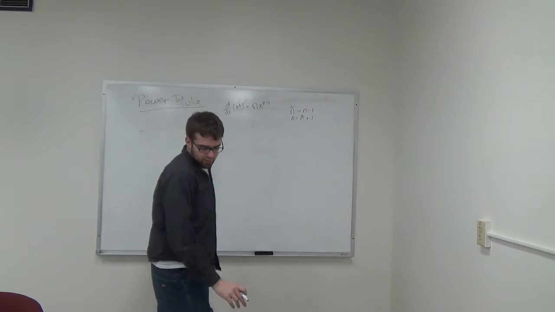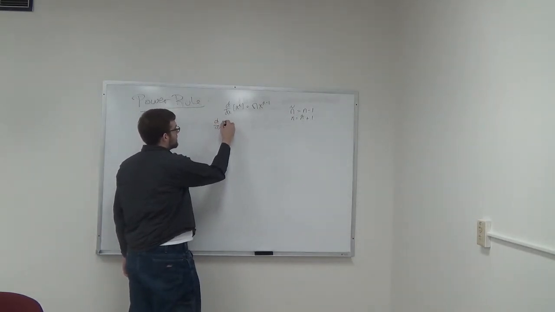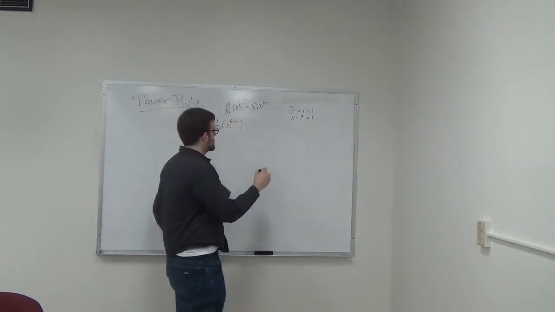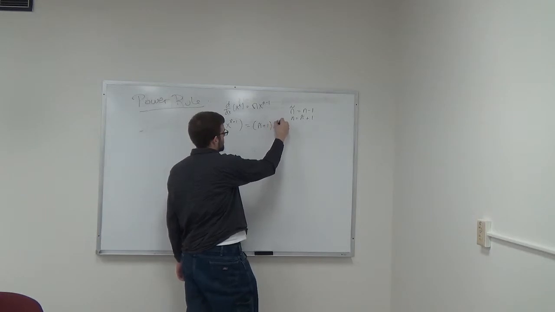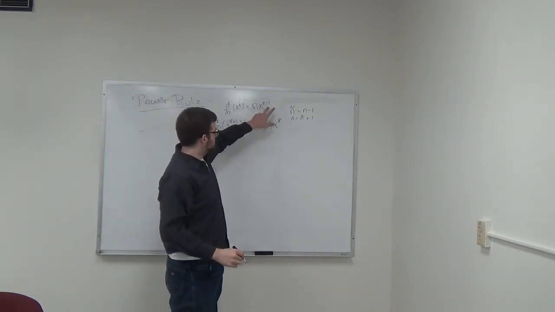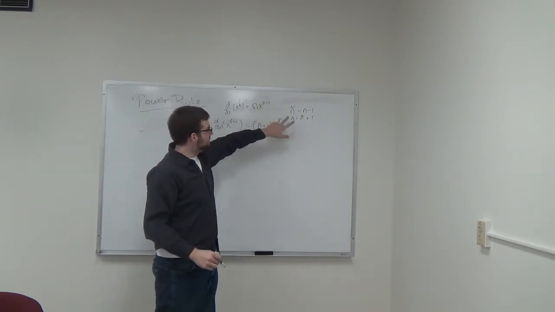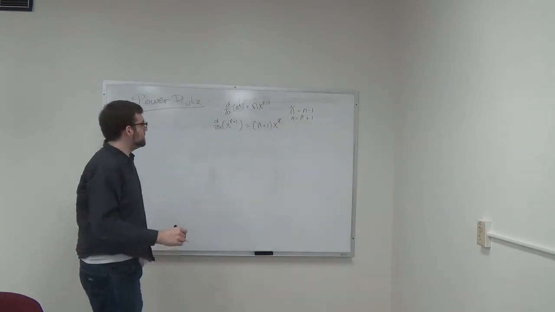We have d/dx of x to the n tilde plus 1 is equal to n tilde plus 1 times x to the n tilde, because if we replace n with n tilde plus 1, n minus 1 is n tilde.